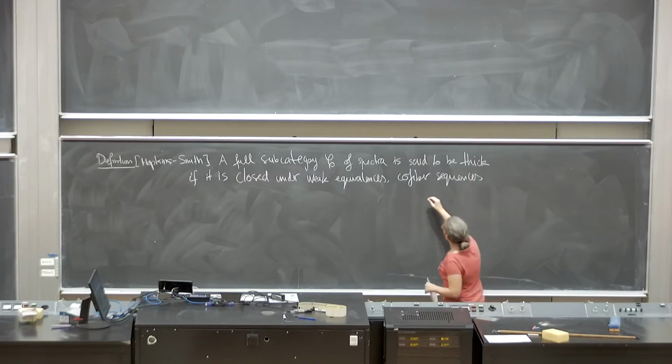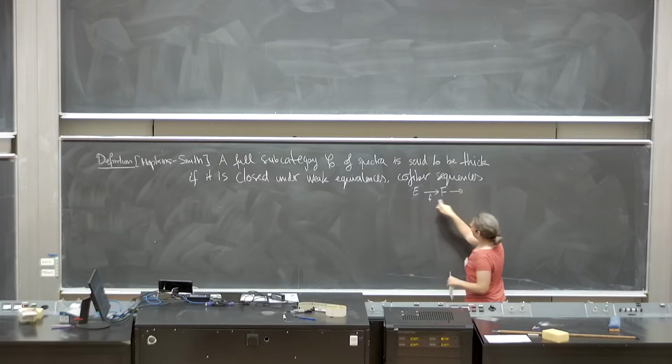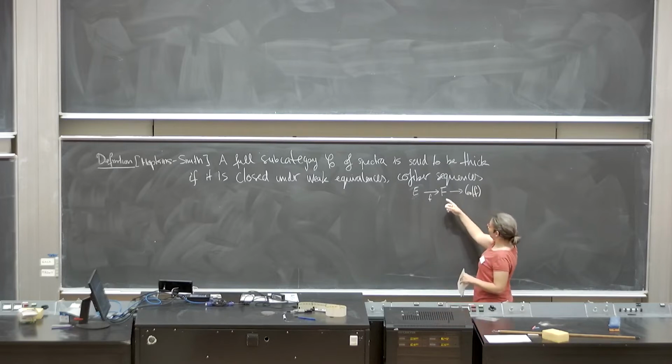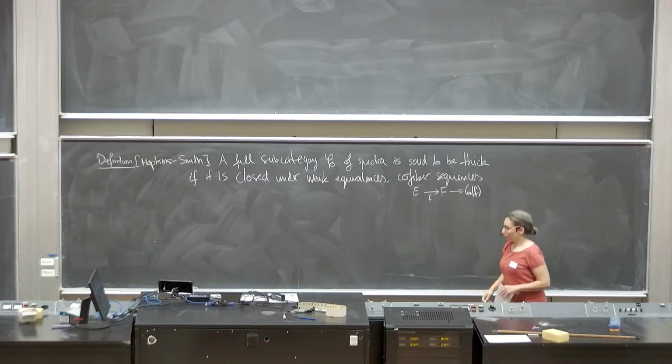So if you have a cofiber sequence, a map from E into F, and then you take the cone of F, and it makes sense because, as I said, I can develop the homotopy theory.